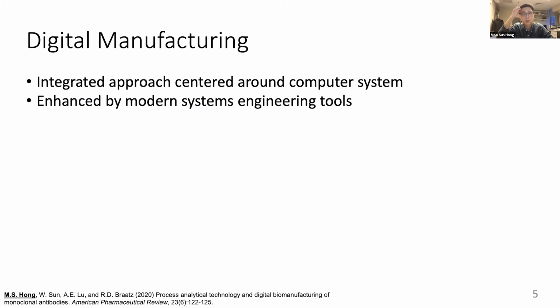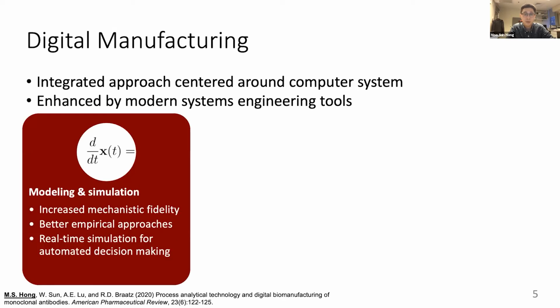These trends ultimately lead biomanufacturing to digital manufacturing. Digital manufacturing is an integrated approach to manufacturing that is centered around the computer system. And again, digital manufacturing is enhanced by using modern systems engineering tools. First, modeling and simulation provides increased mechanistic fidelity and better empirical approaches. And it can also be applied in real time for automated decision making.